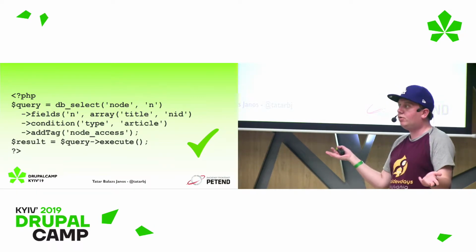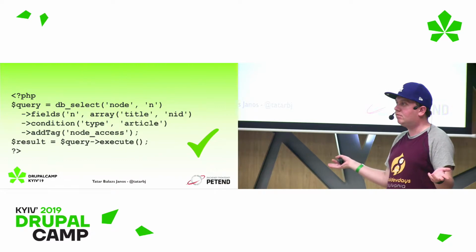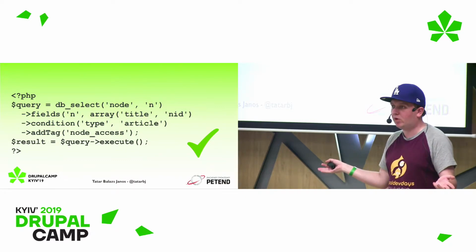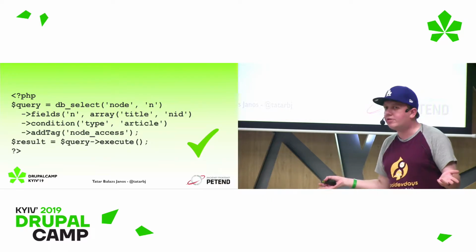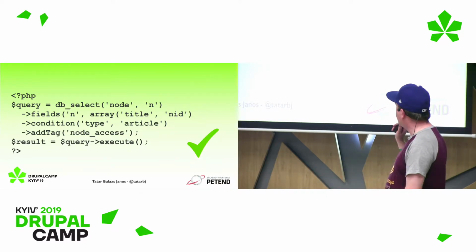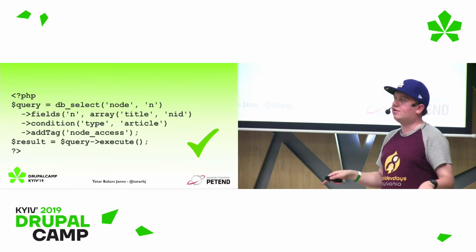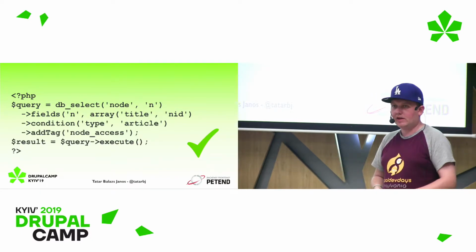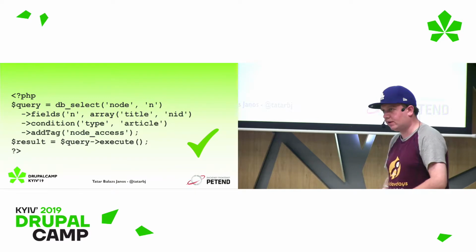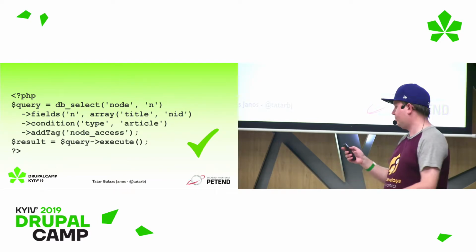Those articles might be unpublished or might have other restrictions like organic groups. If you use node access in every case, such as here, you can be sure only the titles that the user has access to will be visible.